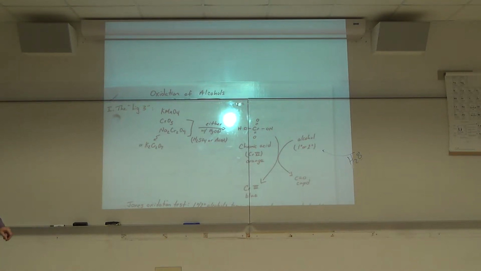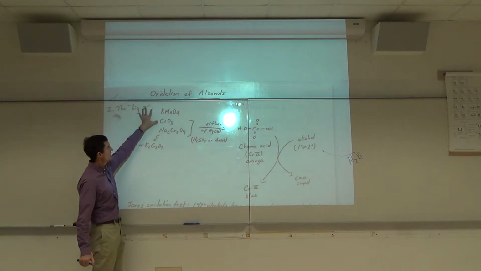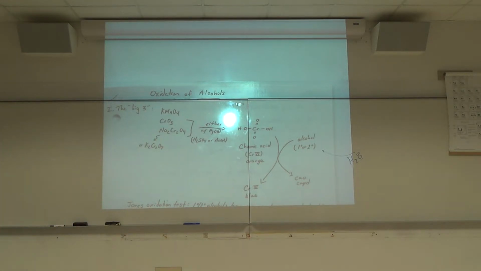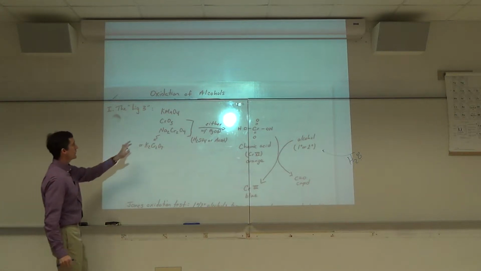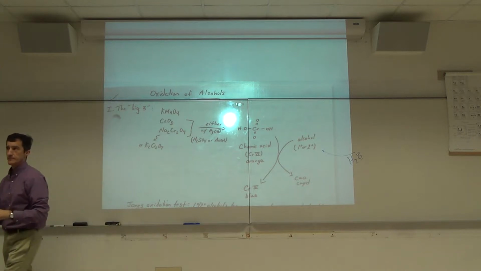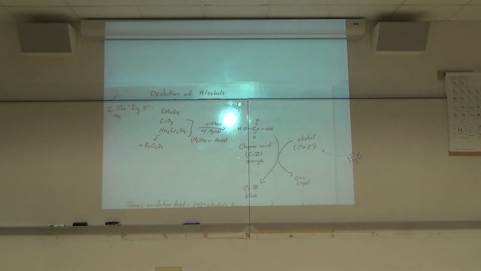First off, what reagents do this? We have the big three, as I call them. These are metal oxidants: KMnO4, chromium trioxide, sodium dichromate, or potassium dichromate. These are all metals that have lots of oxygen on them and act as oxidizing agents.